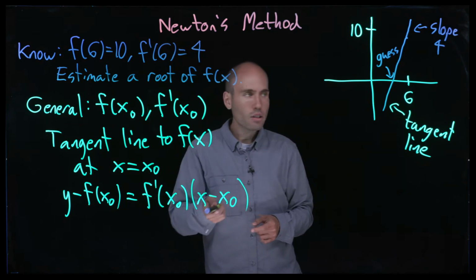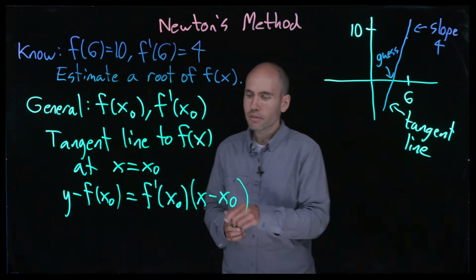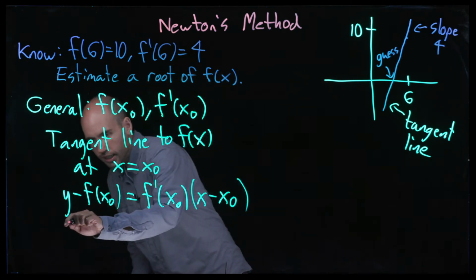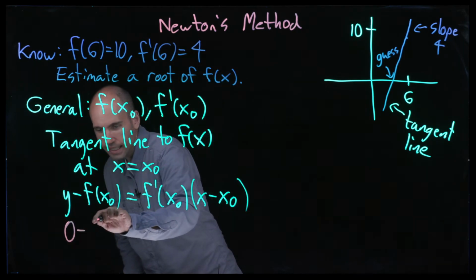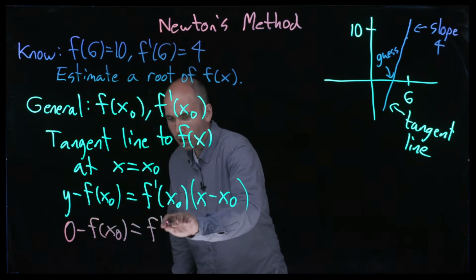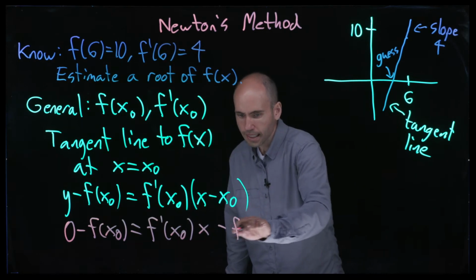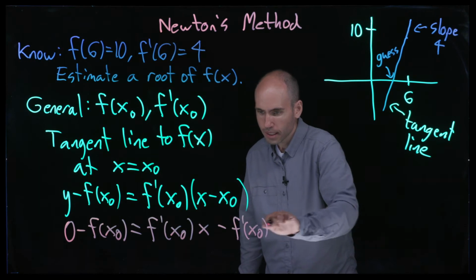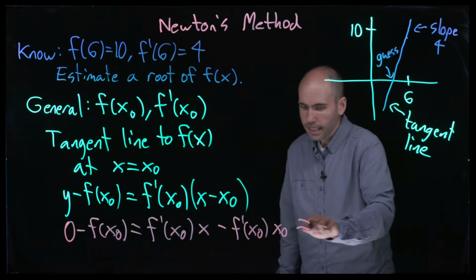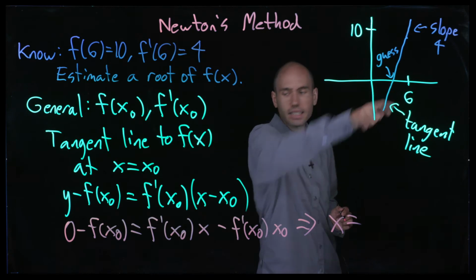Now I want to find where this tangent line curve crosses the x-axis. So I want to solve 0 minus f of x0 equals f prime of x0 times x minus f prime of x0 times x0, after distributing. If you try solving this, what do you get? I'm trying to find this value here.